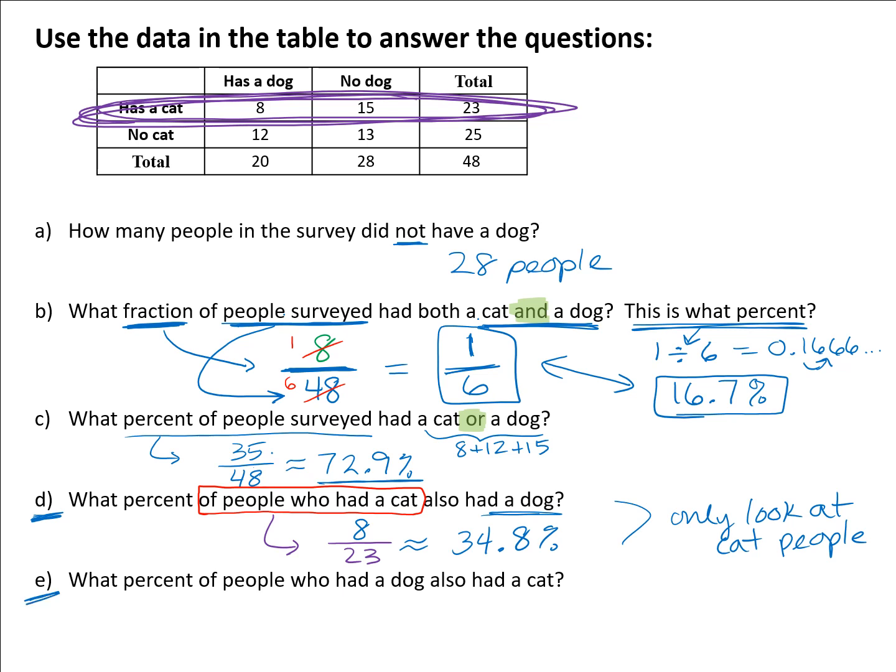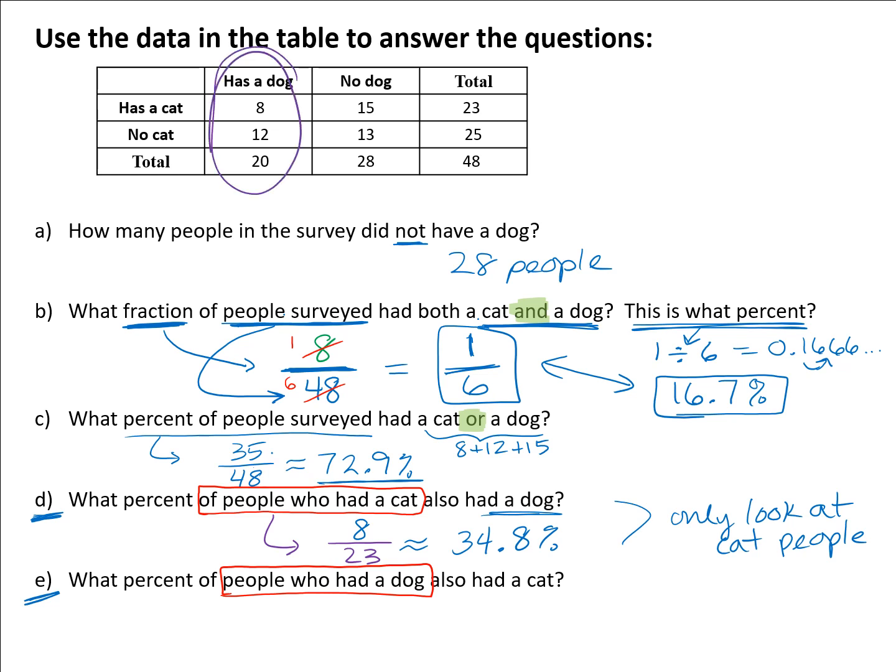Part E looks at this from a different standpoint. This time it says, what percentage of the people who had a dog also had a cat. So here we're looking at the people who have a dog. If I go back up to the table, now I'm looking at only the people who have dogs. So I'm only looking at these 8, 12, and a total of 20 people.